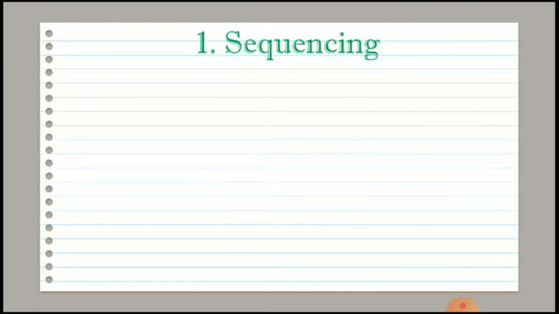To understand the sequencing algorithm easily, we will see one example: an algorithm to find the total and average of three numbers. As you know, every algorithm is used to take some input, and after taking input we have to process that input, and after processing we will get the required output.